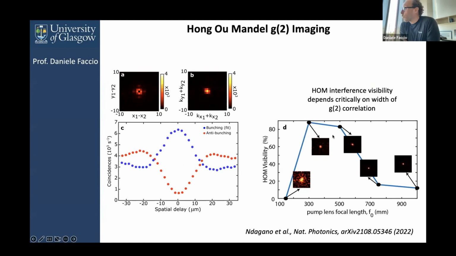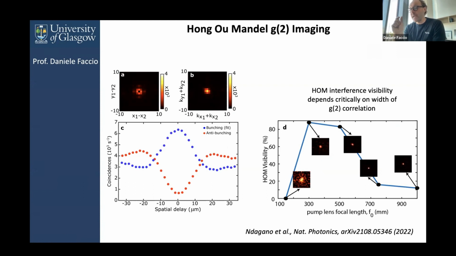A key feature that we had to pay attention to here was that in order to actually see a high visibility dip in the coincidences, one has to carefully mode match the size of the biphoton mode. Remember, I'm looking for two photons here. So if you look at these top graphs on the left, those show the equivalent of a biphoton point spread function.